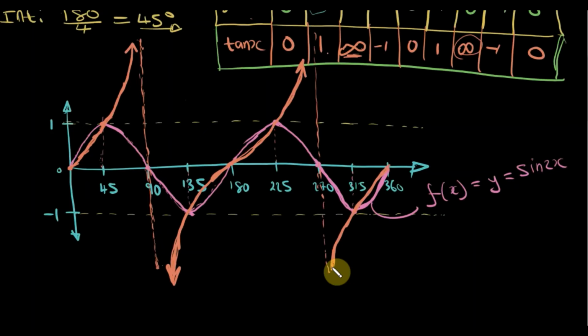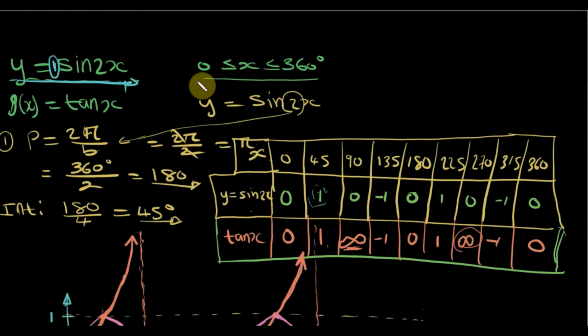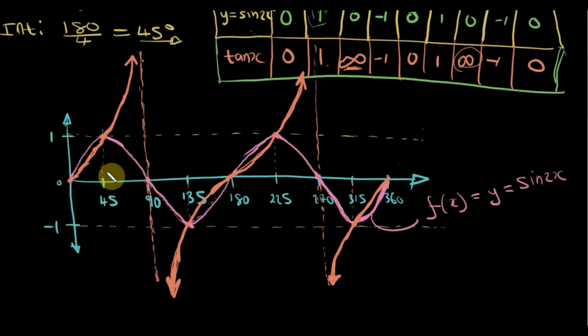Remember, our domain ends at 360, so we can't draw the other portion here which goes all the way up, because we'd be extending our domain beyond 360. If we observe, we see that the tan function repeats itself every 180 degrees.